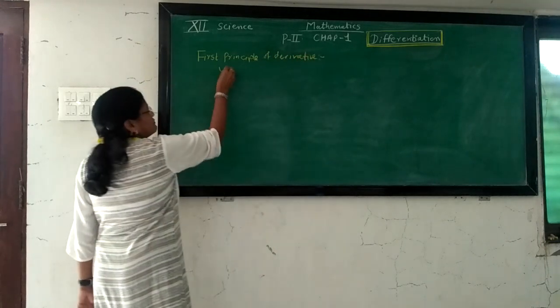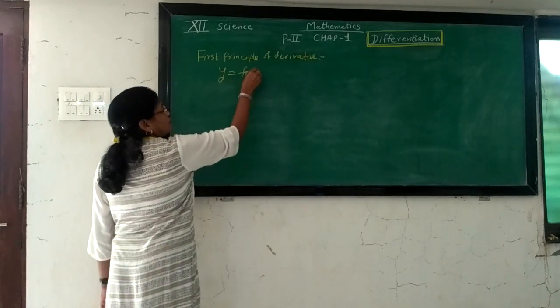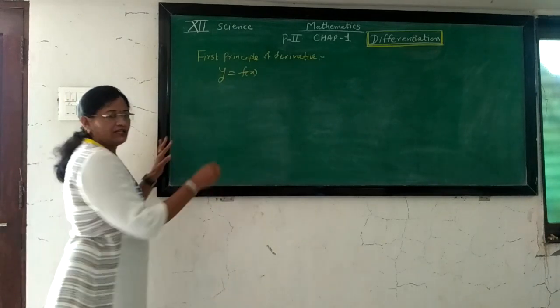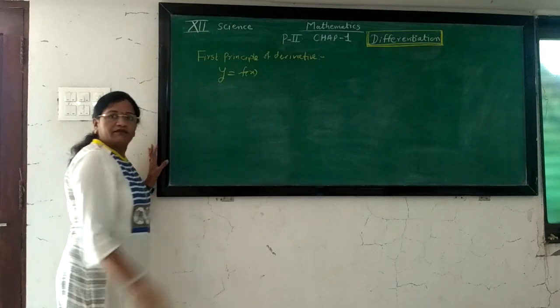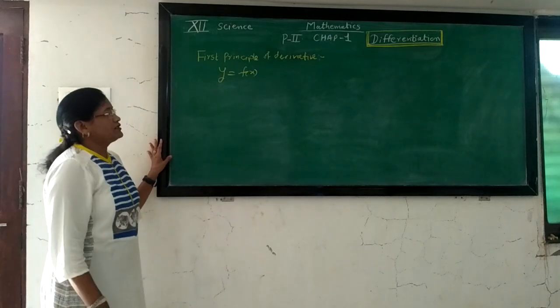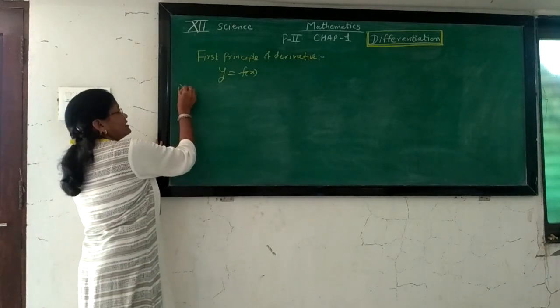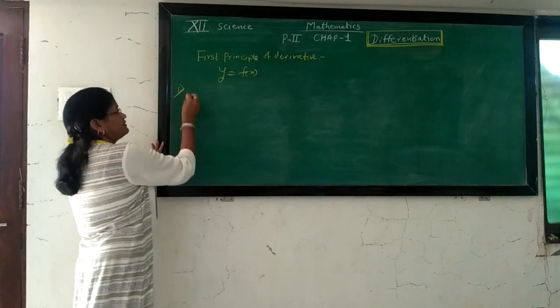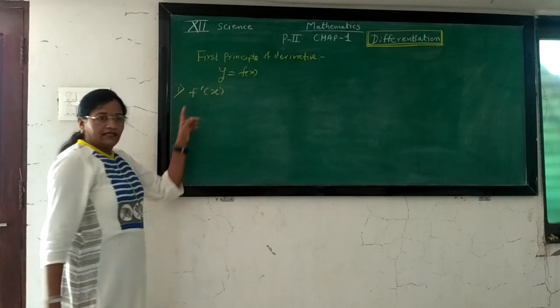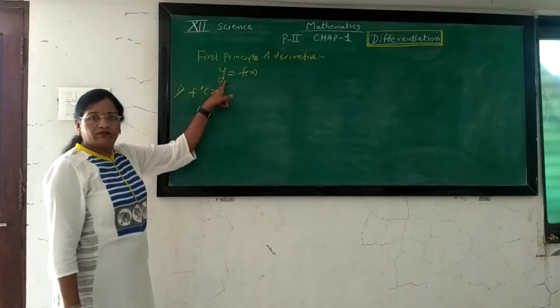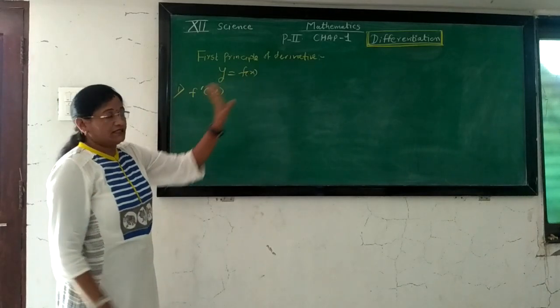Given function is y equal to f of x. Then we can differentiate this function with respect to x, which is called the derivative of the function with respect to x. We can denote this as f dash x. f dash x is nothing but the derivative of y with respect to x.